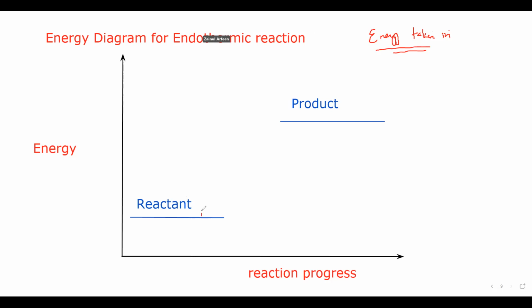The reactant absorbs energy. When these reactants absorb energy, they will not start the reaction instantly. They will take time to react. So the point where the reaction started, the position where this reaction starts, what we call that position is known as activation energy.